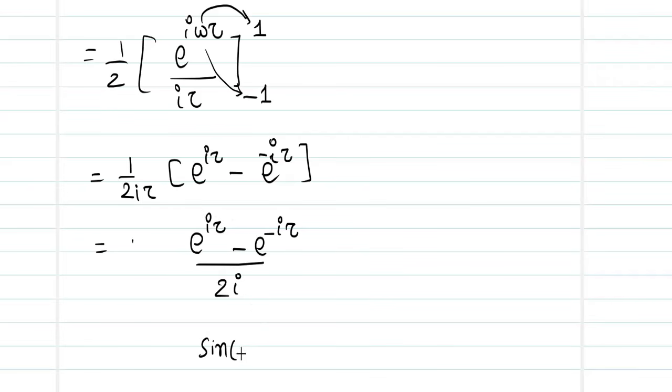In place of theta, you have tau. What about this 2i? If I take it inside, I will be left with an extra 1 by tau outside. So the final answer, the autocorrelation function required for the given power spectral density, is going to be 1 by tau sin tau. We will move on to apply one more problem over here.